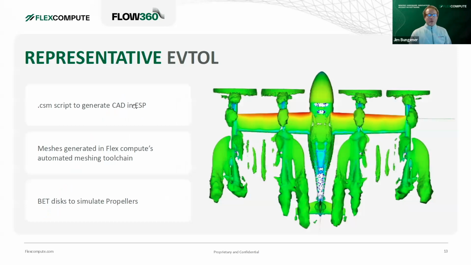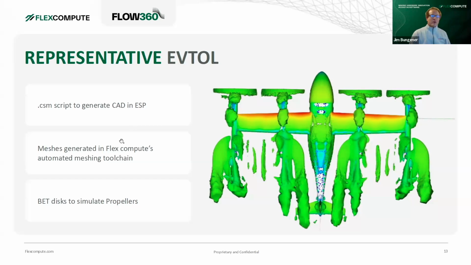Let me do a quick segue to introduce this eVTOL geometry. We created that using a CSM script. It's a script that's through a tool called ESP. It's an open source software to generate CAD. So this geometry was generated parametrically, and the beauty of ESP is that it generates CFD ready CAD.